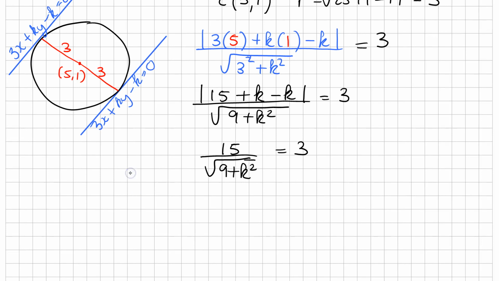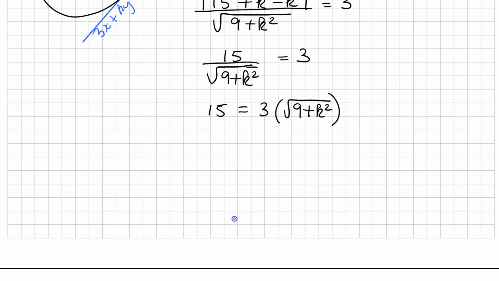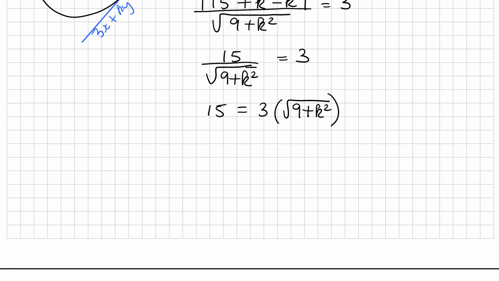So now by multiplying that up, I'll get 15 is equal to 3 times the square root of 9 + k². Now, next thing I need to do is I need to get rid of my square root. So I'm going to square both sides. Now actually I can make it a little bit easier here because I have 15 and 3. So I'm going to say 5 is equal to the square root of 9 + k².